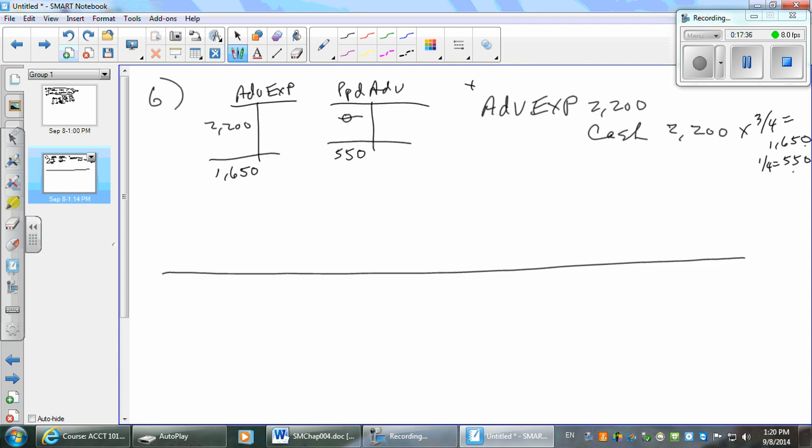Now see what I mean? If you know where you're at, 2,200 and 0, and you know where you want to be, that's the hard part, 1,650 and 550, is this journal entry easy or what? How are you going to get from 2,200 down to 1,650? Anybody have an idea? A debit of 2,200 down to a debit of 1,650, come on.